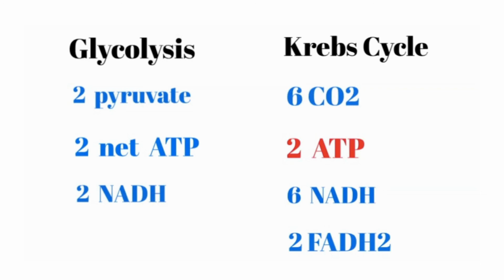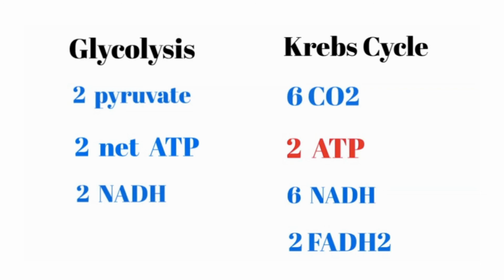In addition to that, the Krebs cycle is producing 2 ATP molecules and, of course, 6 CO2. And I need to qualify, 4 of the CO2 are actually directly from the Krebs cycle. 2 of the CO2 molecules happen in the conversion of pyruvate to acetyl coenzyme A.